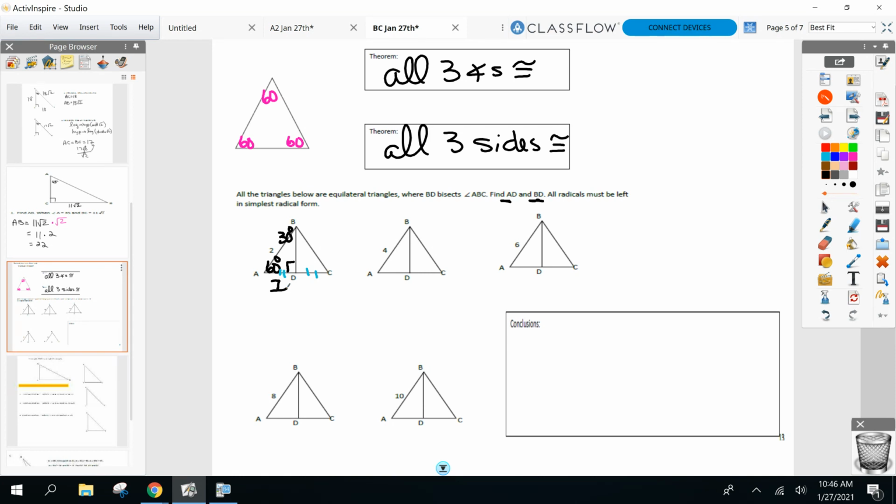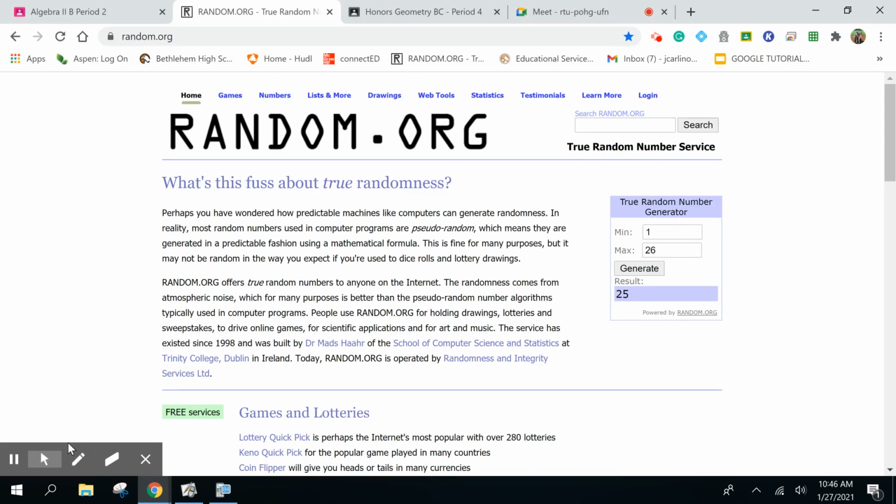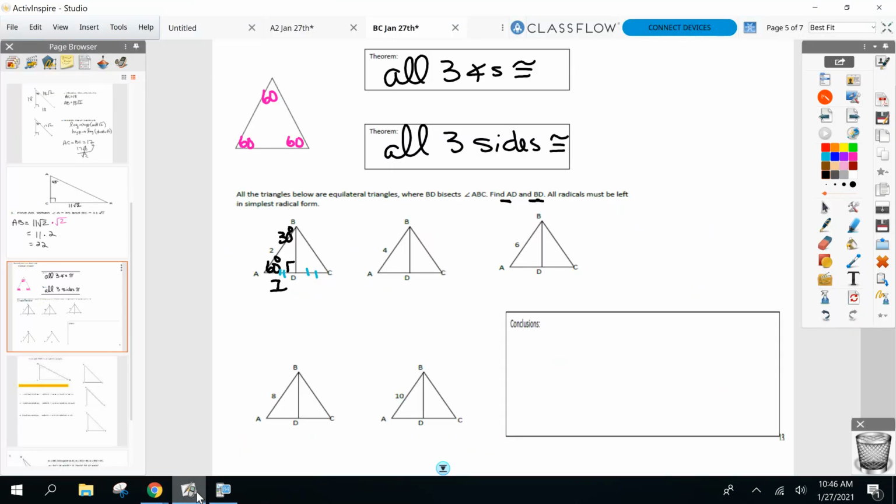Hopefully you're using Pythag correctly. Are you, Caroline? What do you got for BD? Radical 6. Where'd that come from? What's your Pythag look like? 2 squared plus 1 squared equals.